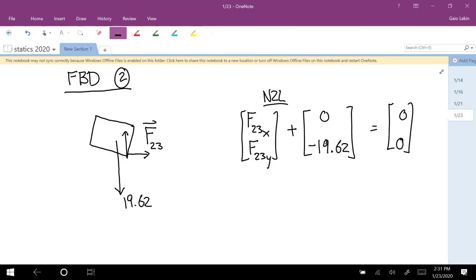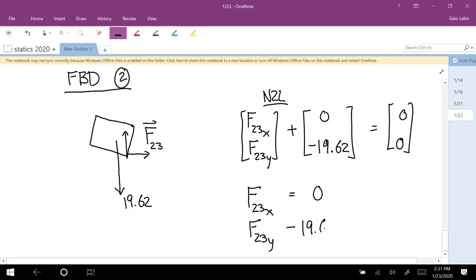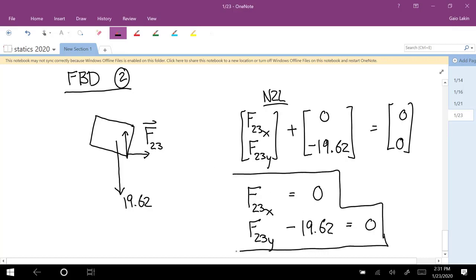And so we get one equation that says F23x is equal to 0, and one equation that says F23y minus 19.62 is equal to 0. So that's our equation 3 and 4.